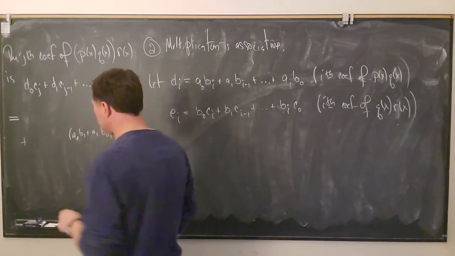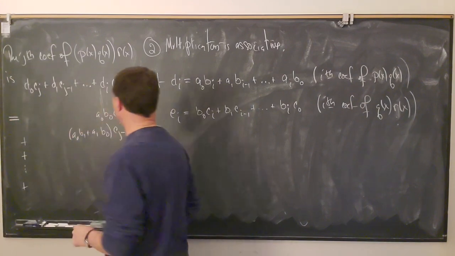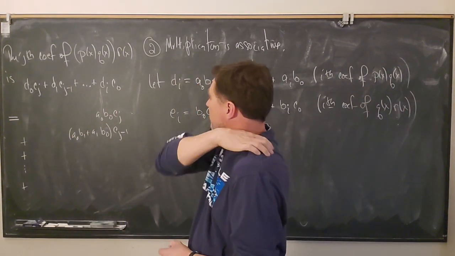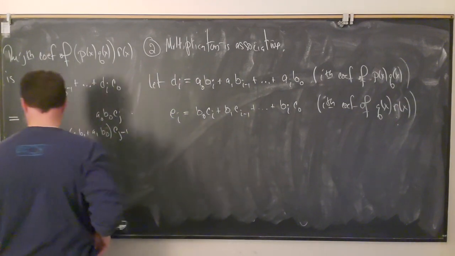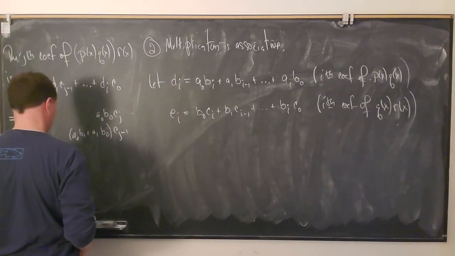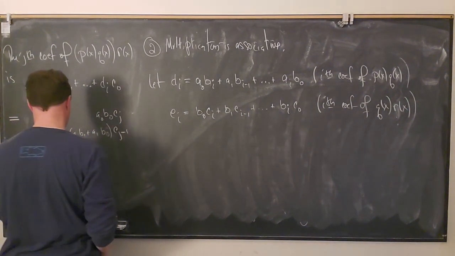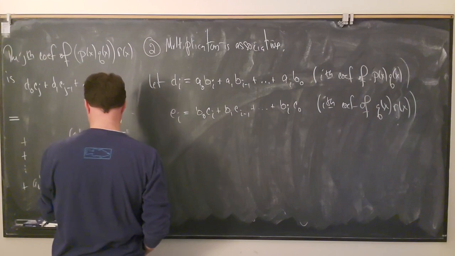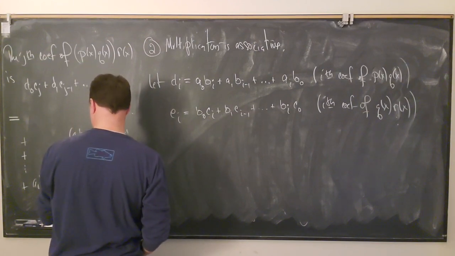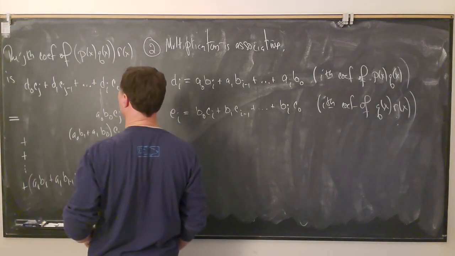And you keep going. Finally, we're going to have D sub j times C0, so that's going to be A0 B sub j plus A1 B sub j minus 1 plus dot dot dot plus A sub j times B sub 0, times C sub 0.